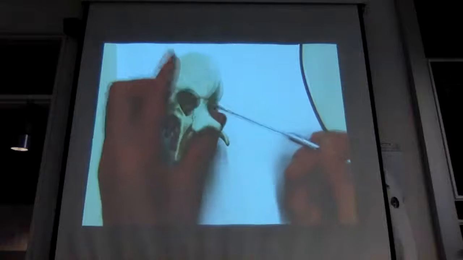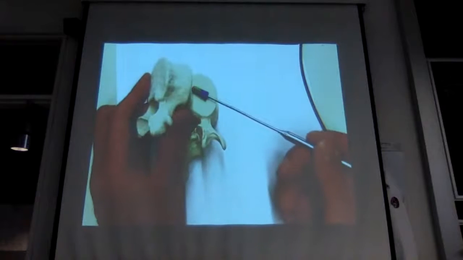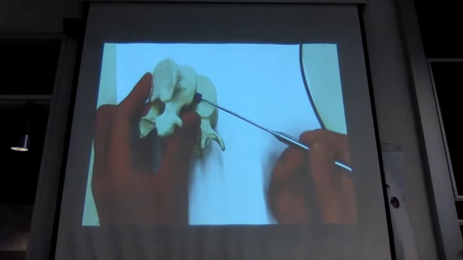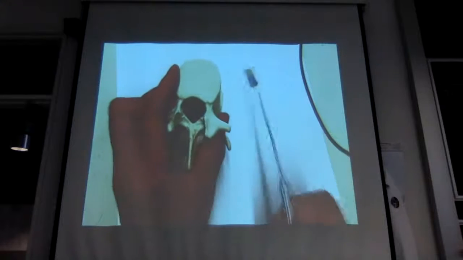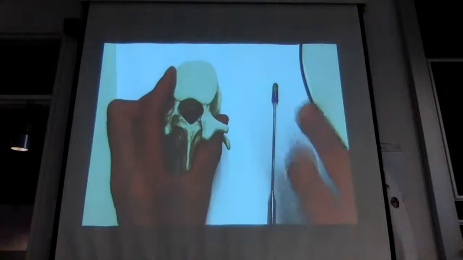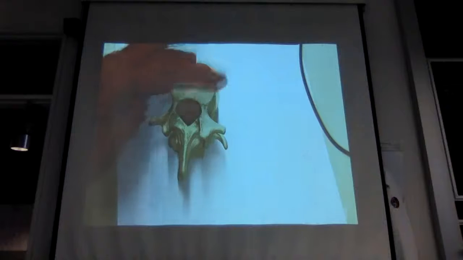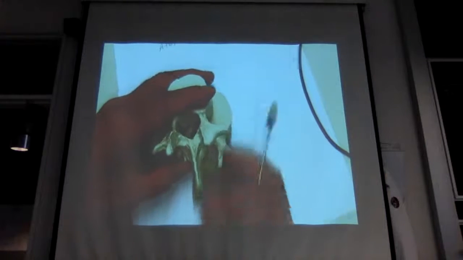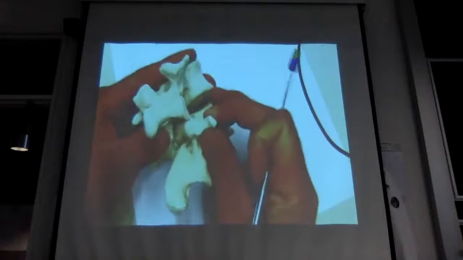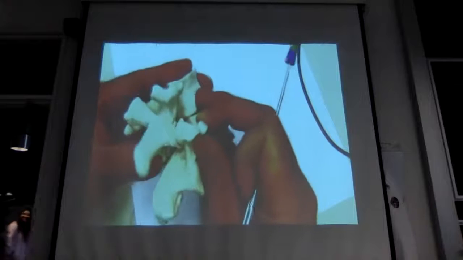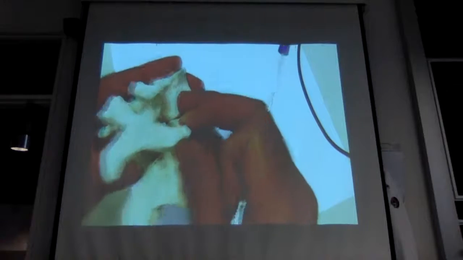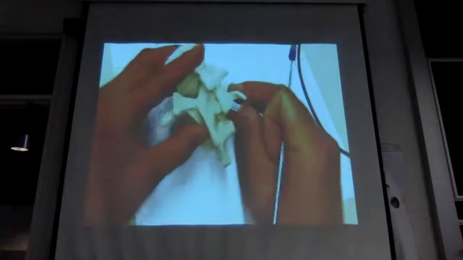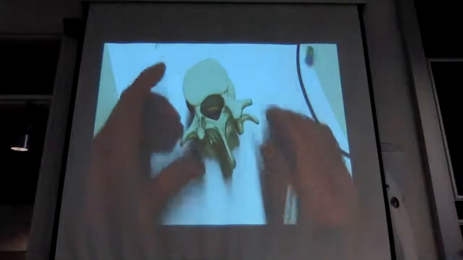The bodies, yeah, they articulate, and what's in between the bodies? Fibrocartilage, specifically, those intervertebral discs. That's not meant to move much. It's meant to support weight, but it's not meant to move much. It's these joints that move a lot. That allows you to move your spine. We'll get to what these joints are called because it's a confusing name.